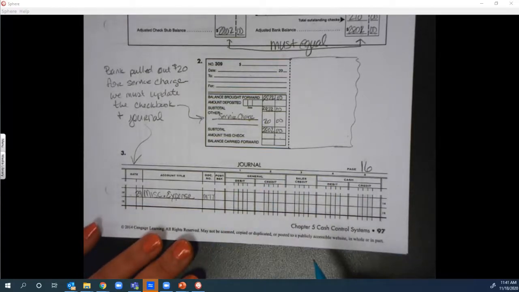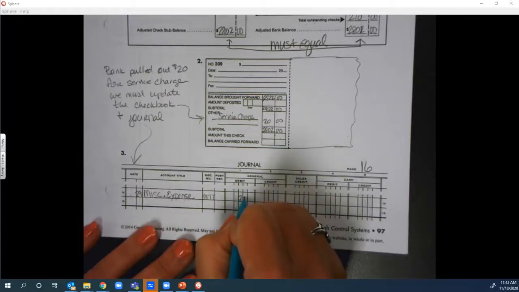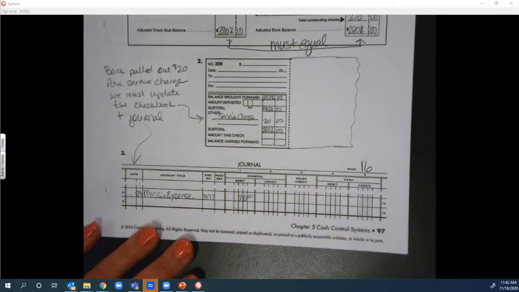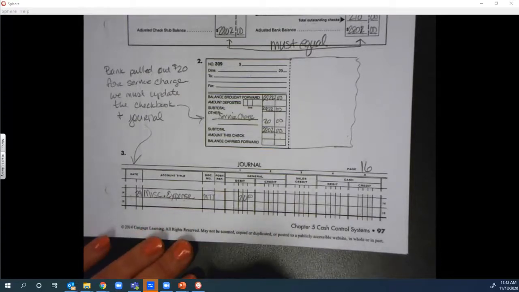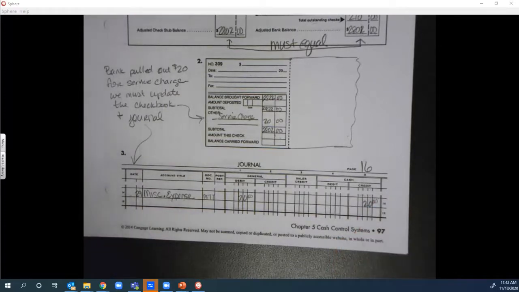Where are the numbers going to go? Expenses are always what? Debit. Good. And where's the credit? Cash credit, right? Because it's coming out of our account. Even though we didn't write a check, it's still coming out of our account because the bank pulled it.